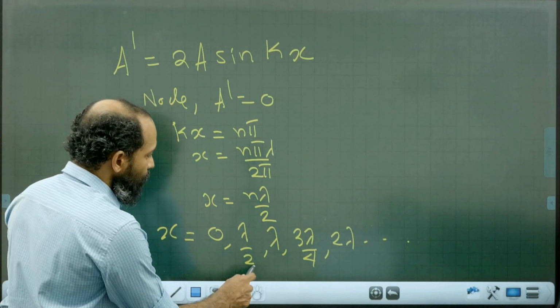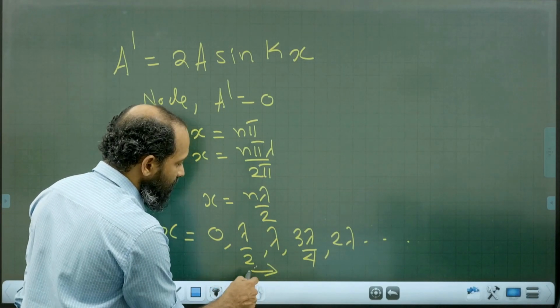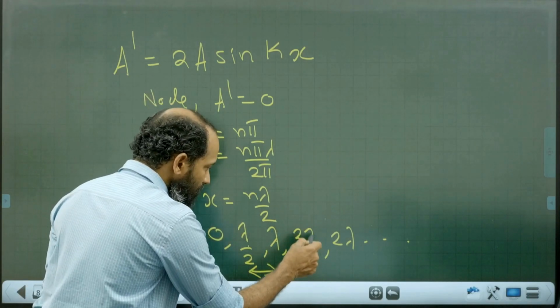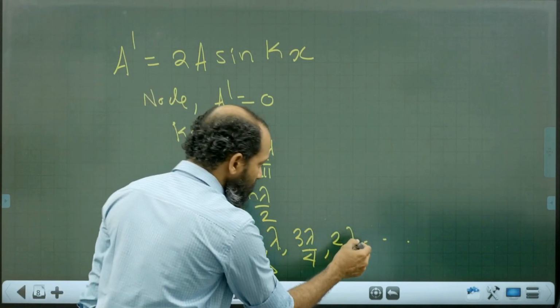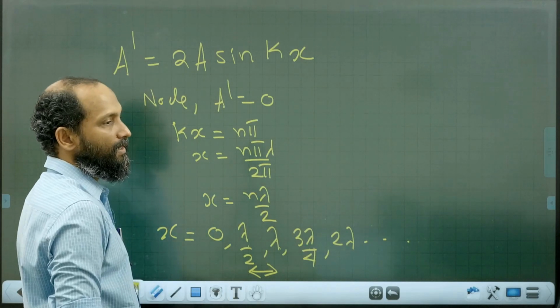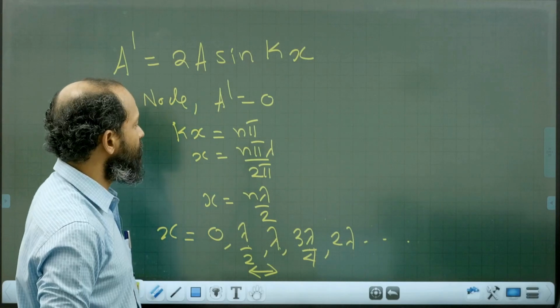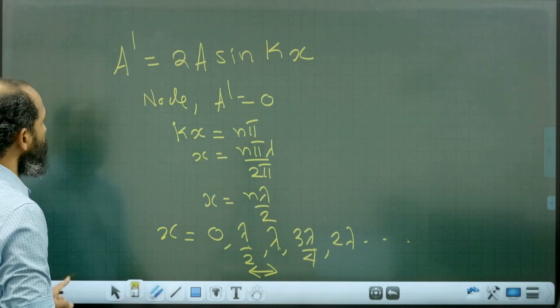Each of those nodes is separated by a distance of lambda by 2. So the distance between neighboring nodes is equal to half the wavelength. That's the condition for a node.